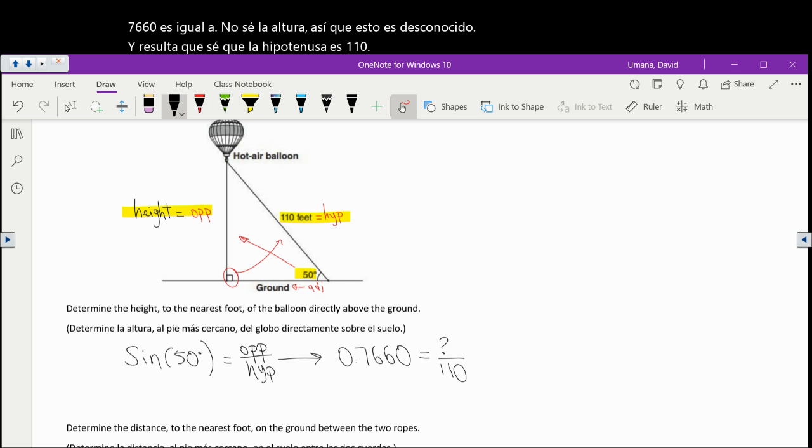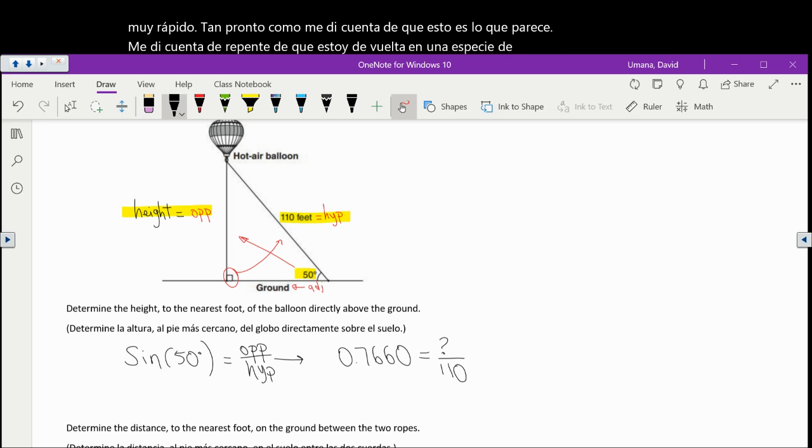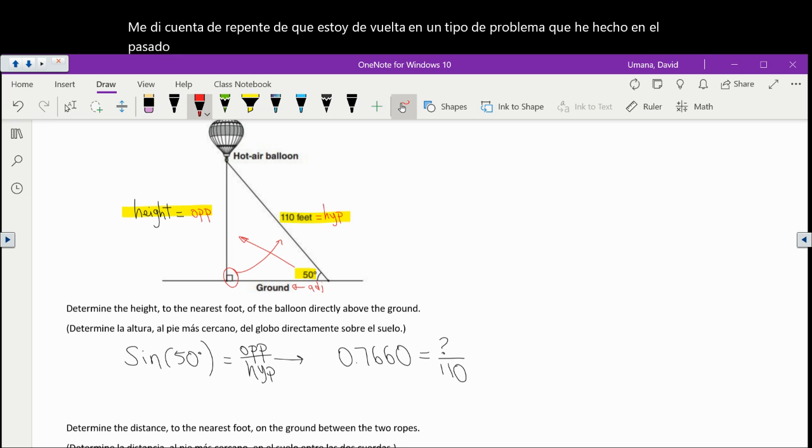As soon as I realize this is what it looks like, I notice all of a sudden that I'm right back at a kind of problem that I've done in the past. So how do I solve this if the missing number's on top and I have the 110 in the bottom? How do I go about solving this problem?